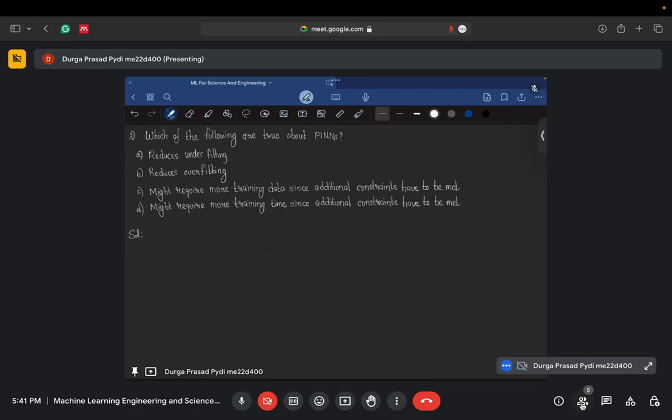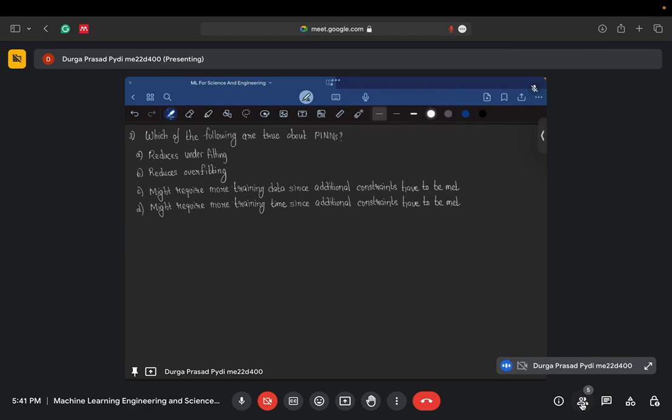And then in PINNs, in addition to those, for the particular problem that you have chosen, you also know the physics of it. So you have the PDE in your mind and use that PDE also in your objective function. So that will try to minimize both the PDE loss as well as your data loss.